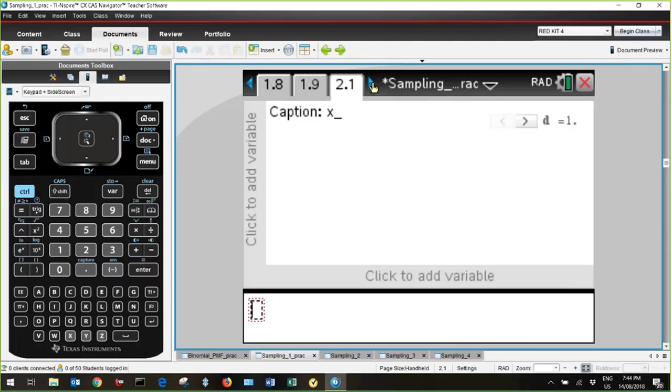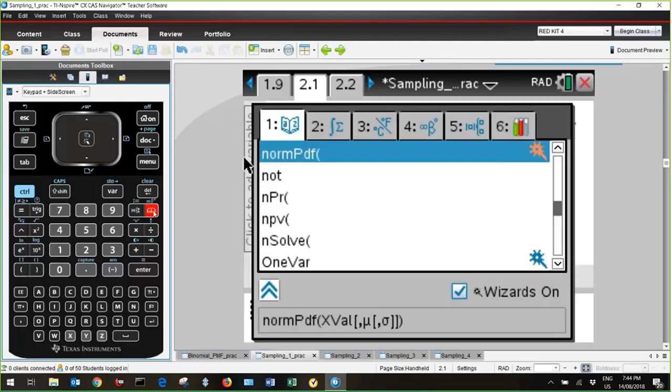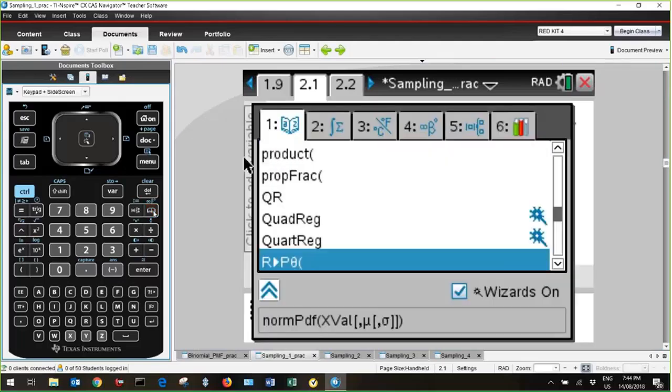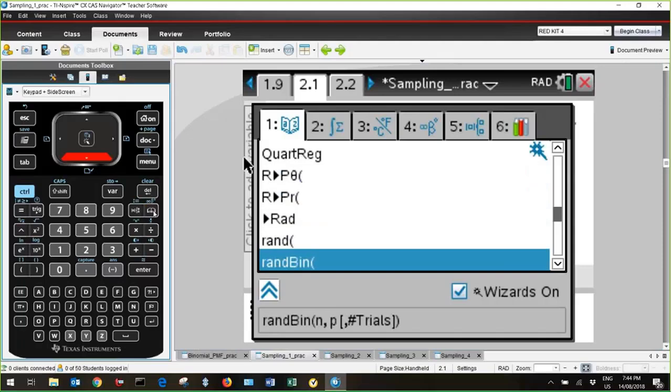Now, many textbooks will do something like this in order to do the simulation. They'll start off with random binomial. So I go to Catalog and R, random binomial, it's n, p and number of trials.